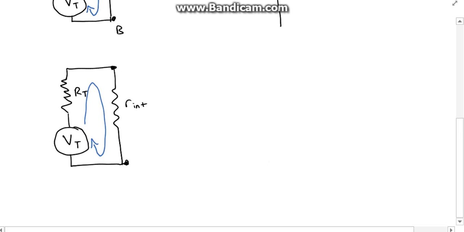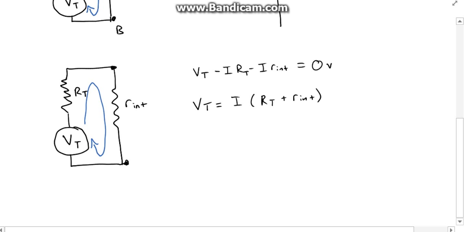So we have that my Thevenin voltage minus the voltage over the Thevenin resistor minus the voltage drop over the internal resistance of my ammeter has to equal 0 volts. In other words, my Thevenin voltage is equal to the current that I measure times the Thevenin resistance, forgot to put the T there, plus the internal resistance of the ammeter. Okay?